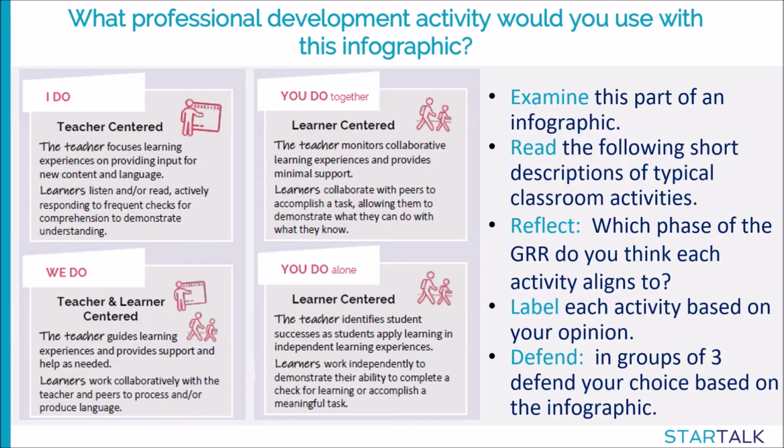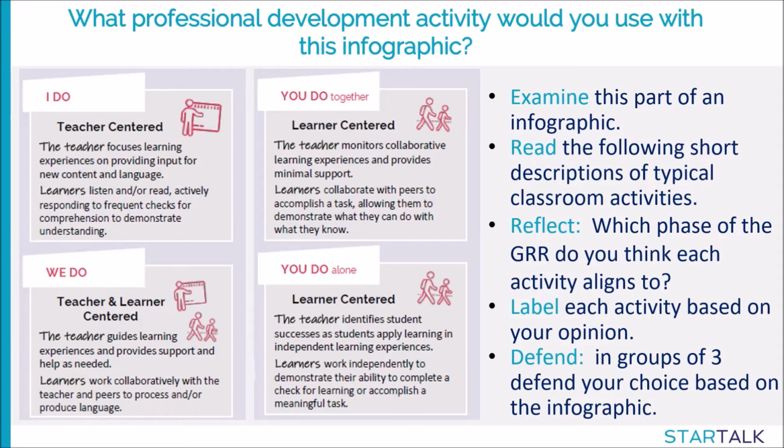because they are required to read the text now, not just look at the pictures. Now I put them in a group of 3 or 4, and I ask them to defend their choice based on the infographic. So again, now we've got some processing. I've got others to discuss with. They agree with me, they don't agree. I've got to defend my choice.